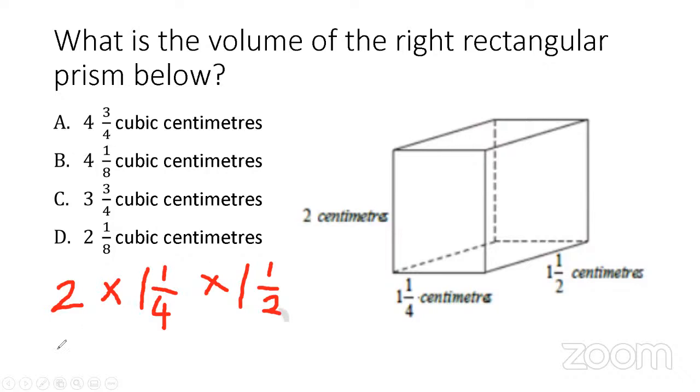That would be 2 multiplied by what? What's the improper fraction of 1 1/4? 4 times 1, 4, plus 1, 5. So that's 5/4.